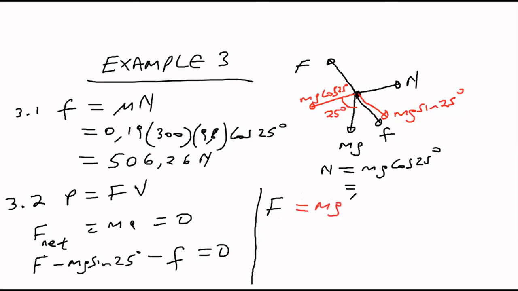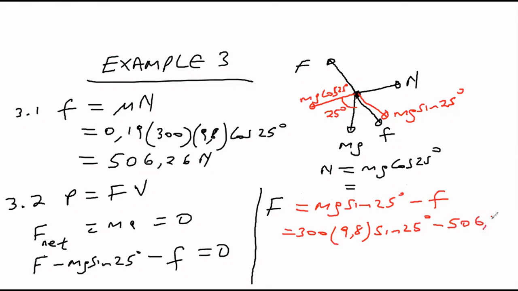Then we have mg sine 25 plus the frictional force. So the mass is 300, g is 9.8, sine 25 degrees, plus we've calculated the frictional force, which is 506.26.